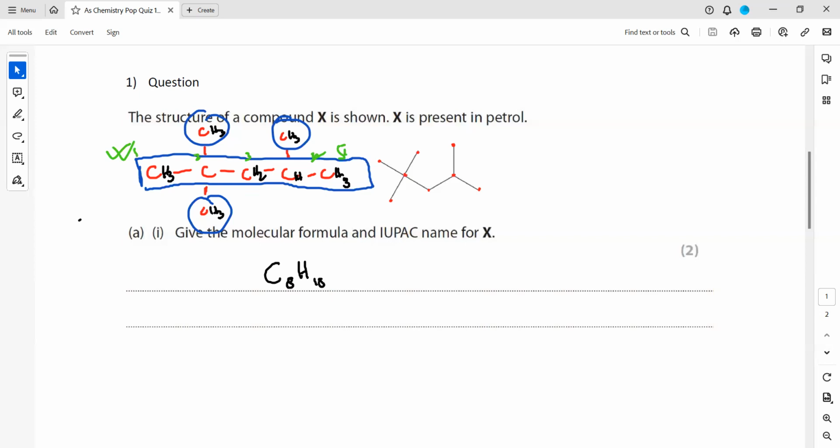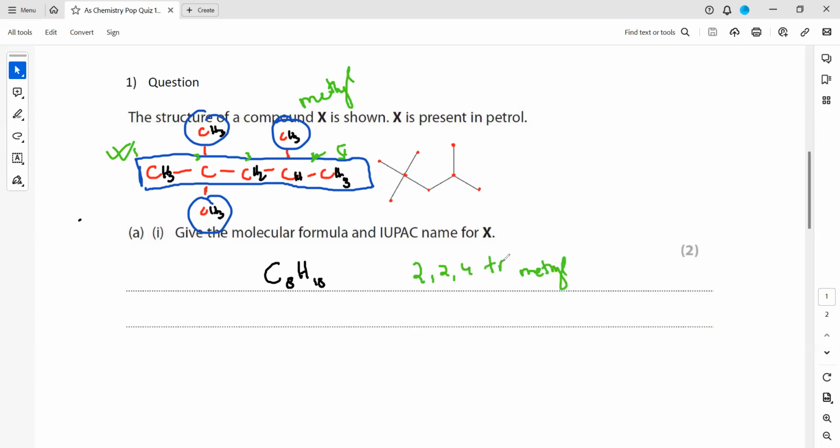And all of the branches are identical, containing 1 carbon. A branch with 1 carbon is methyl. So at the second position and fourth position, I have methyl groups. But how many methyls are there? 1, 2, and 3.